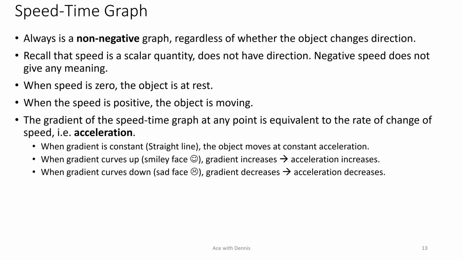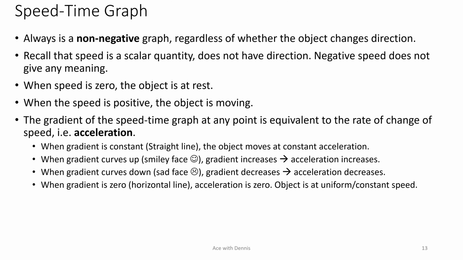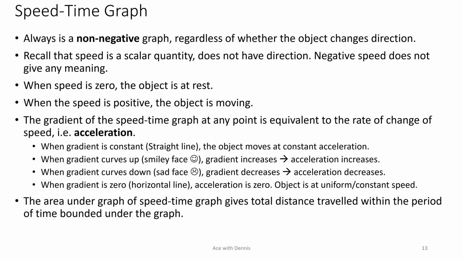When the gradient curves down or a sad face, the gradient decreases, which means acceleration decreases. When the gradient is zero or a horizontal line, acceleration is zero. The object is at uniform or constant speed. The area under the graph of a speed time graph gives the total distance traveled within the period of time bounded under the graph.